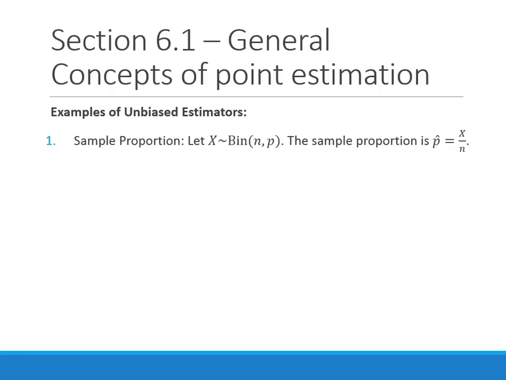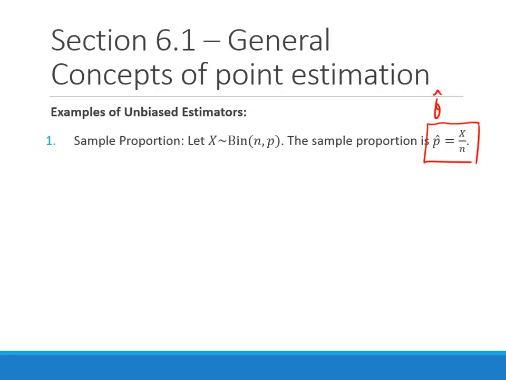Let's say that we have a binomial random variable, so x is distributed as binomial n, p, and our estimator is p hat, or you could imagine this is a theta hat, just the sample proportion. So I'm counting up the number of successes out of the total number of trials.